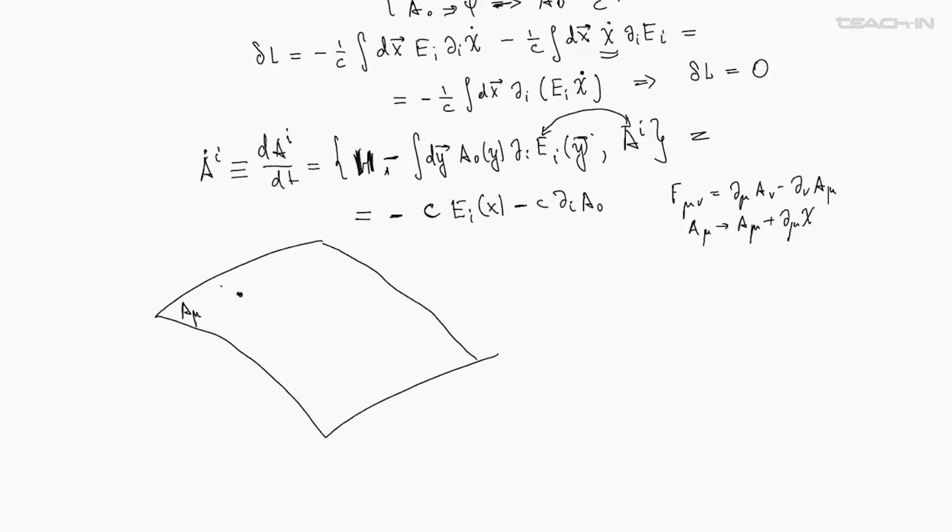So this means that all points lying on this orbit, this is an orbit. So if a particular potential A mu has been chosen, then this is an orbit passing through A mu, made by adding all possible gradients of an arbitrary function chi. It makes a gauge orbit through this A mu.